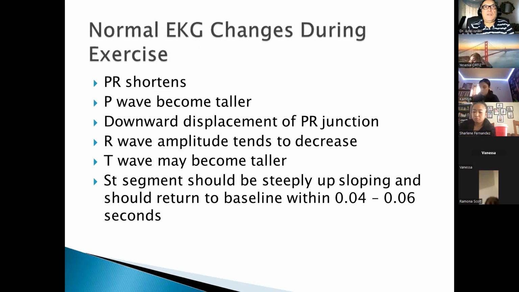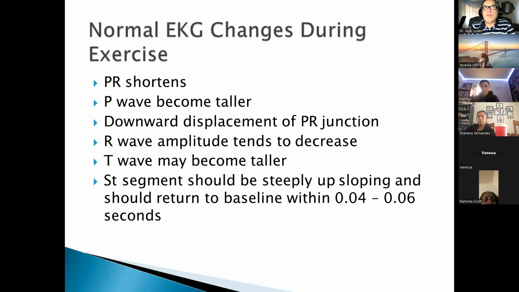What should we expect for normal EKG changes during the exercise? The PR interval, and I would like to ask you, and this will be an exam question, why is the PR interval getting shorter? Because of tachycardia. This is the answer. And the P wave will be taller, because we know that it is smooth and upright, but here it will be a little bit taller.